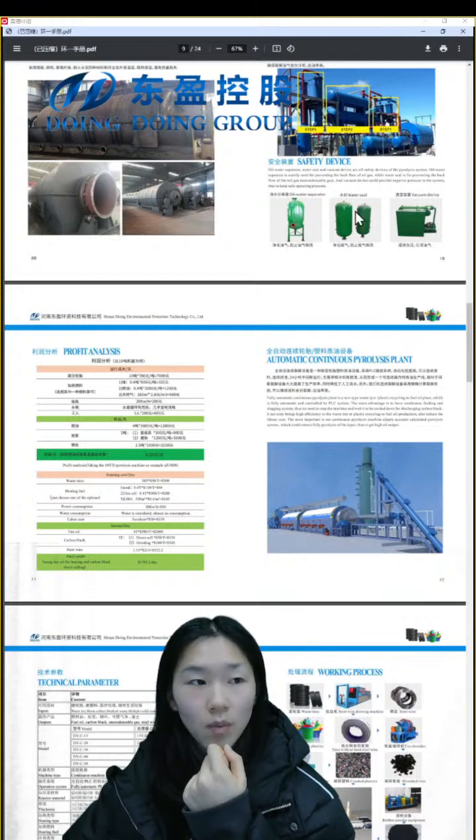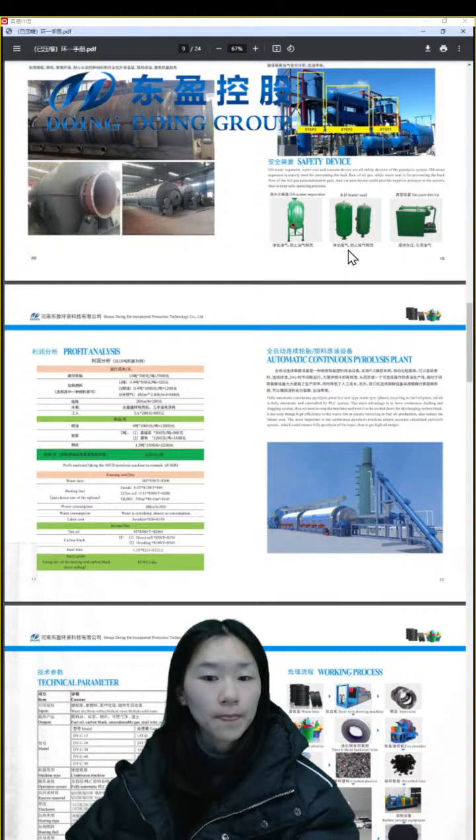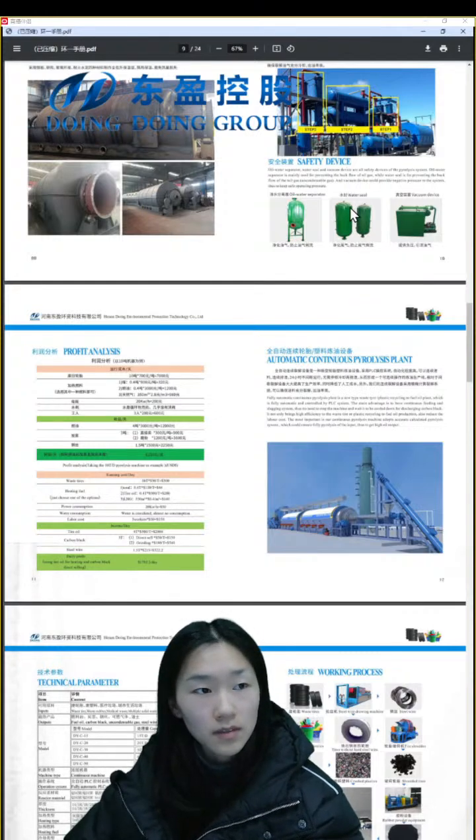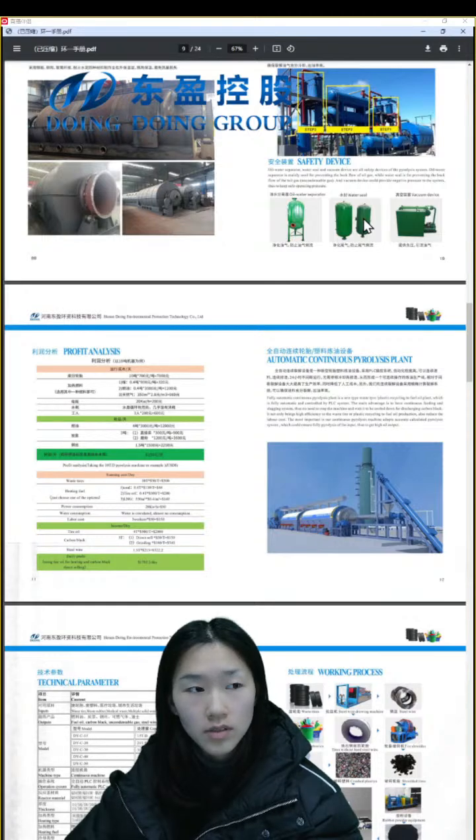And the second one is our water seal. This water seal is used for cleaning the tail gas to prevent the tail gas going back.